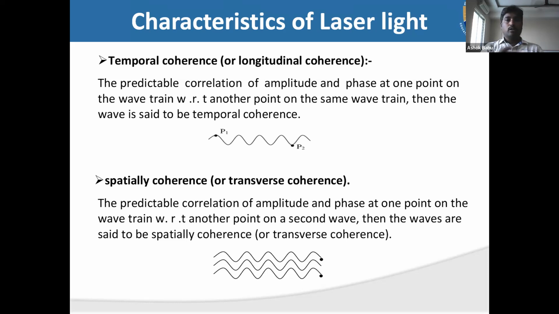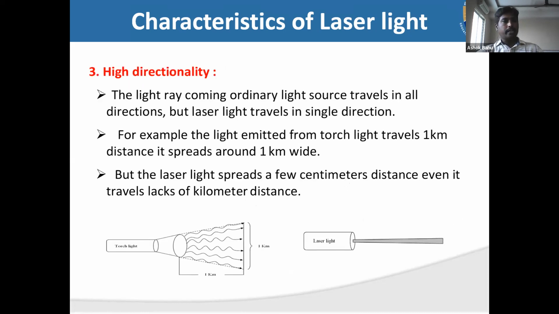So our laser beam has both temporal and spatial coherence. That's why it is highly monochromatic. If one of these is obeyed by any radiation, it is called monochromatic in nature, but our laser radiation has both, that's why it is highly monochromatic.